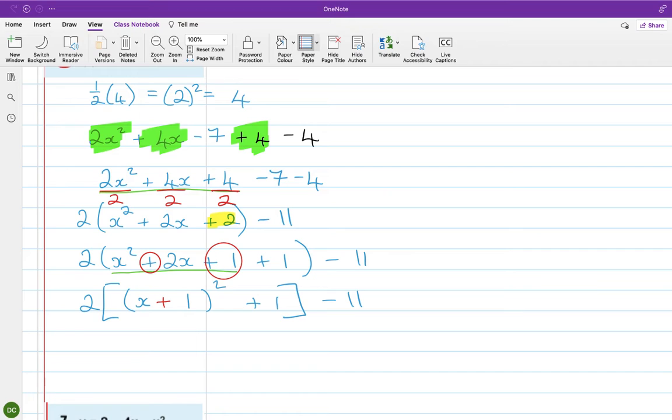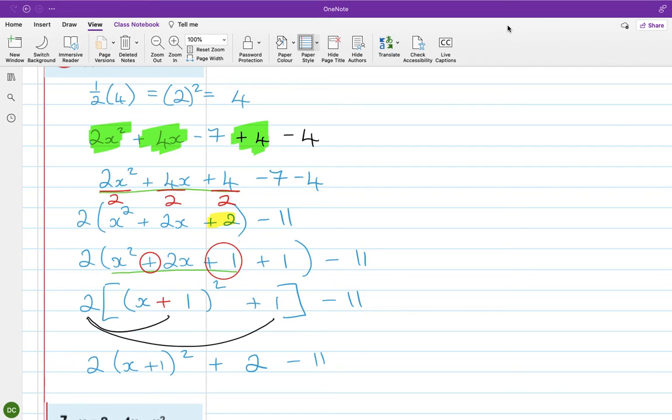And then all I want to do is multiply out these brackets. So this by this by this. I'm not going to actually do the first multiplication. So I have 2 times x plus 1 to be squared, plus 2 times 1 is 2, and then I have the minus 11.